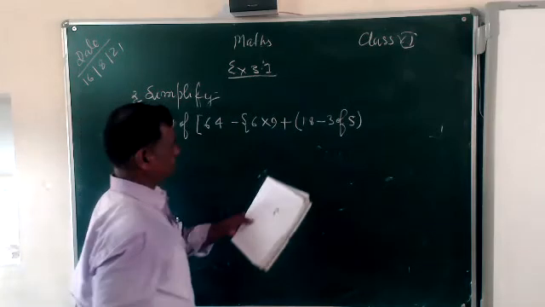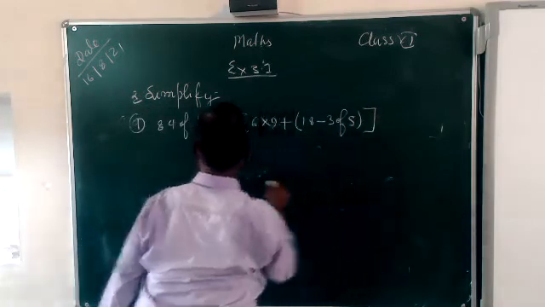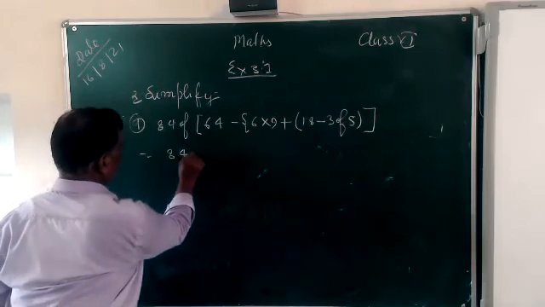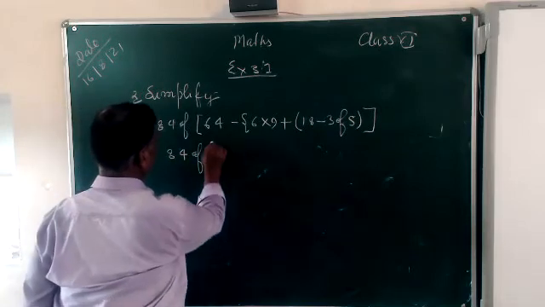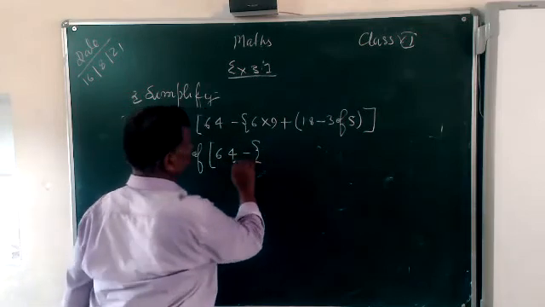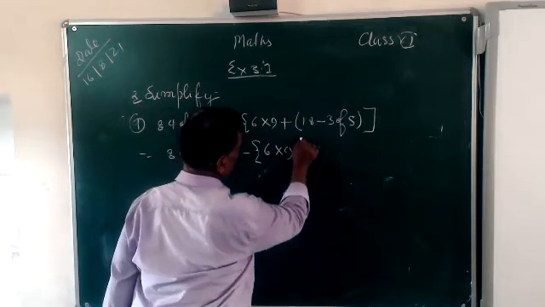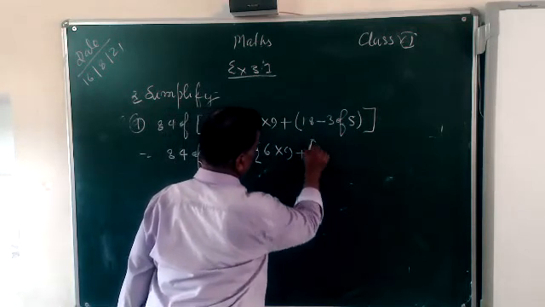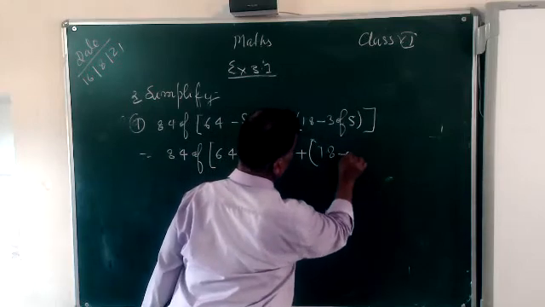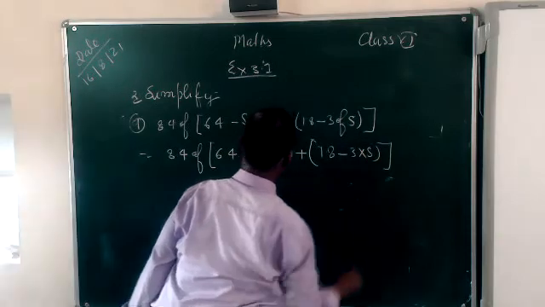That is 84 of, in square bracket 64 minus, in curly bracket 6 into 9 plus, in common bracket 18, this is the multiplication, 3 into 5, common bracket, square bracket close.